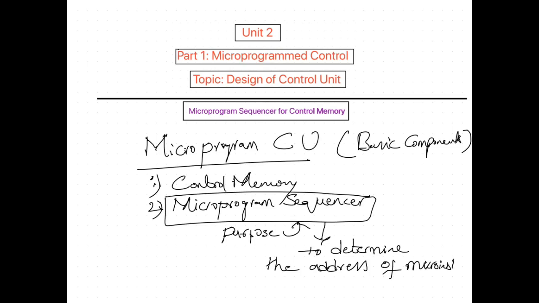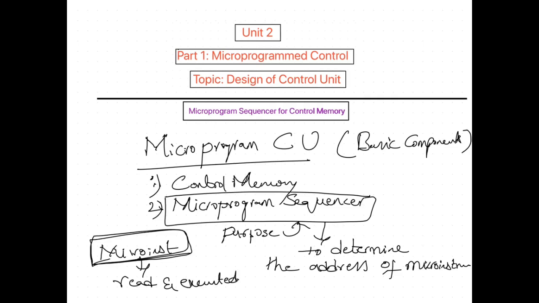So this is the sequencer's purpose. Once the microprogram sequencer determines the address, the micro instruction in that particular address will be read and executed.